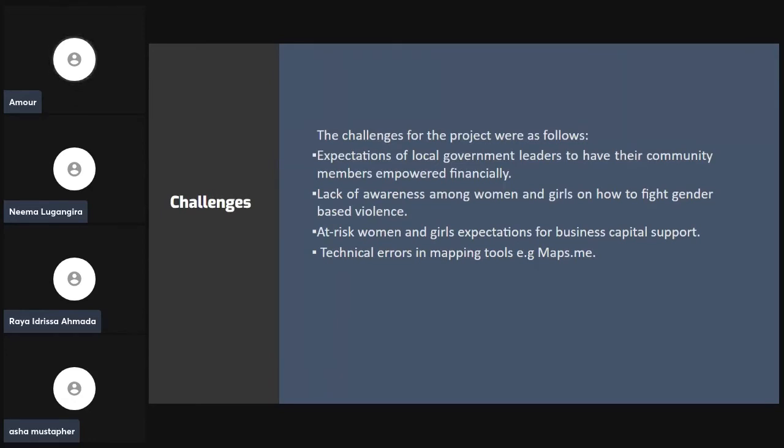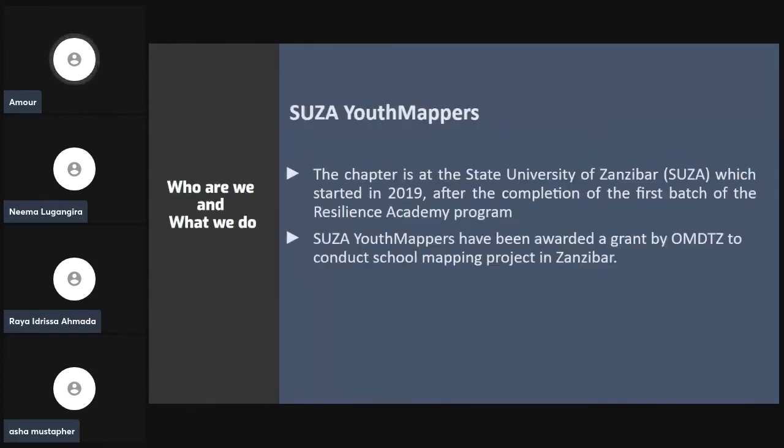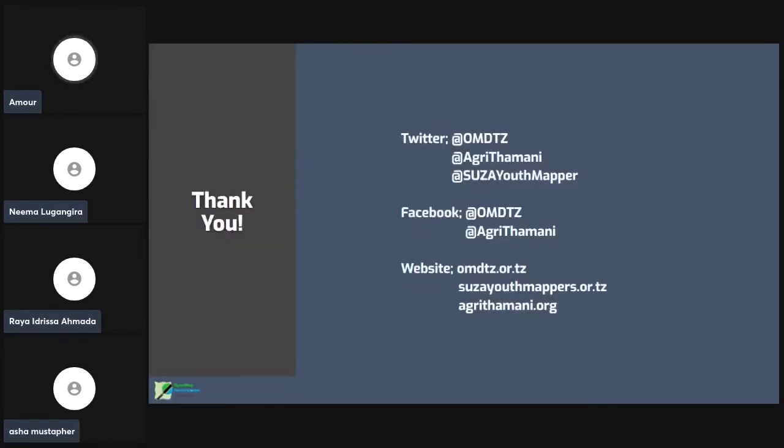These are the three organizations that you have heard from, but we have four other organizations. One is from Morogoro in Tanzania, who are collecting plastic waste sites in their area of interest.